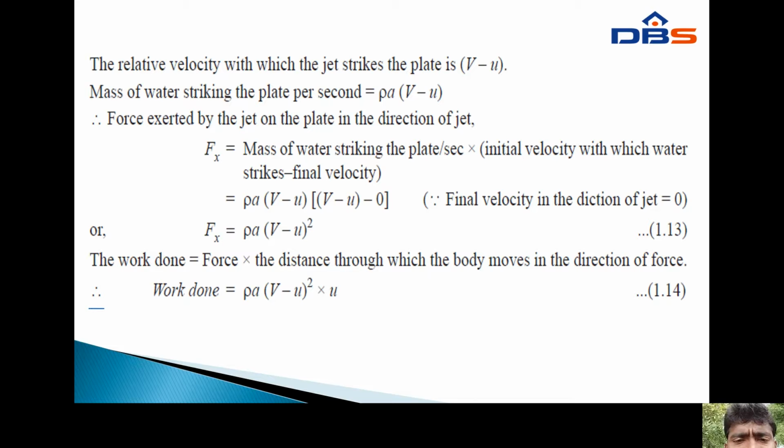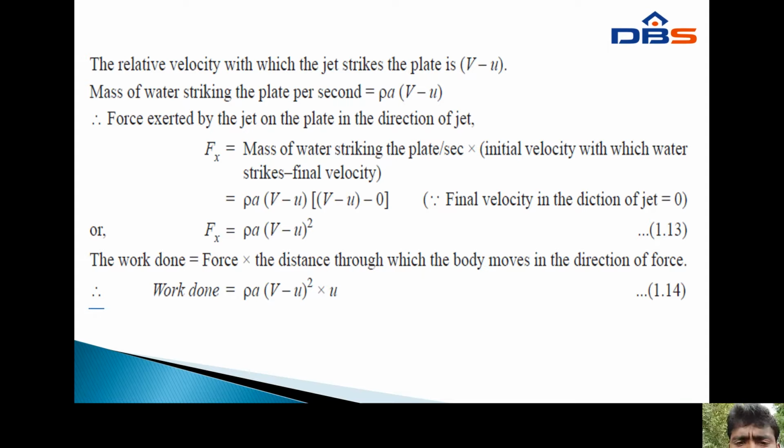Initial velocity is V minus U, and final velocity in the direction of the jet equals 0. Therefore, F x equals rho A (V minus U) whole square. This is the F x direction equation.